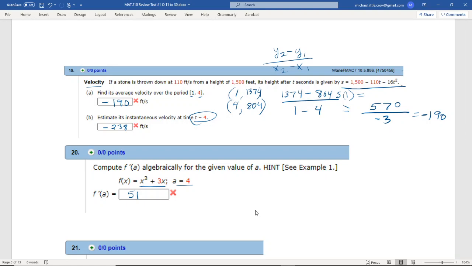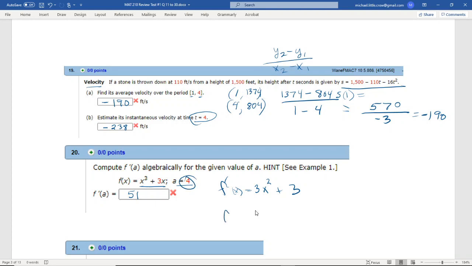Algebraically, you could also do that. So the derivative function, the 3 comes down, so you get 3x squared, 3 minus 2 plus 3. We're going to plug in x equals 4.